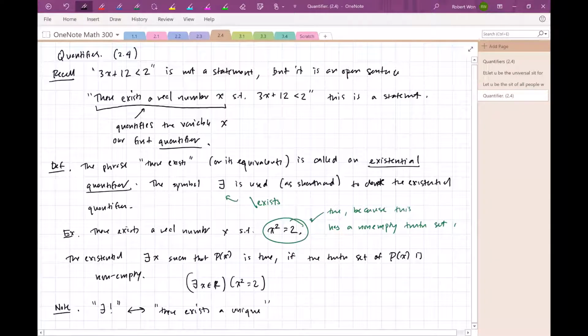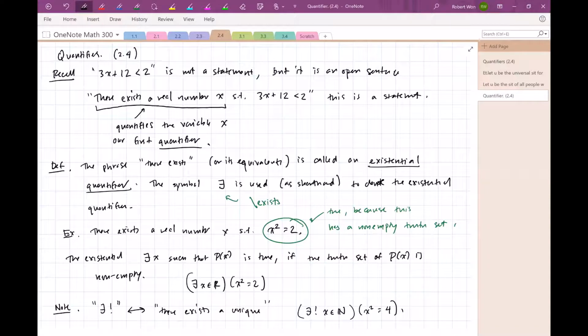For example, I could say there exists a unique natural number x such that x squared equals 4, because there's only one natural number, it's 2, positive 2. I don't know how often I'll use it in this class, but it's a very common shorthand, so I thought that you should know it.